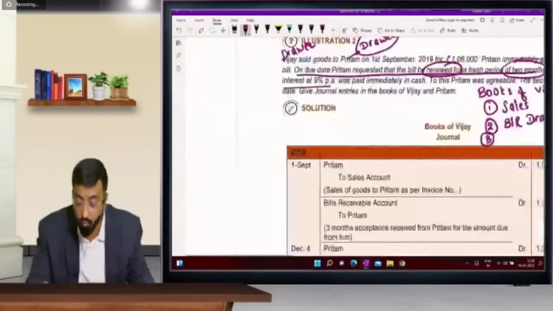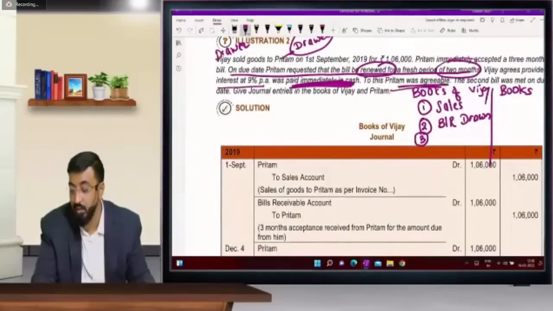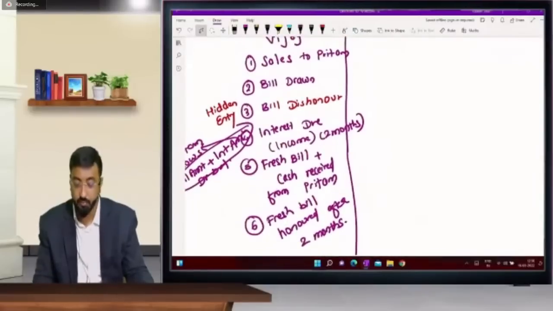Now what is given? He paid interest immediately in cash, and then the remaining bill is met on the due date, that is honor. So sales to Pritam, bill drawn, bill dishonor, interest due, fresh bill plus cash received from Pritam, and fresh bill is honor.